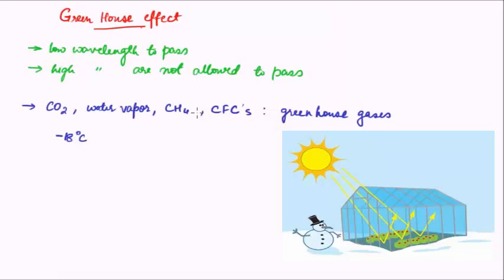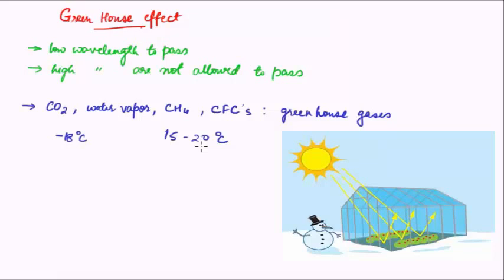But due to the presence of greenhouse gases, the average temperature of the Earth is not minus 18 degrees Celsius, but rises to a more tolerable, more pleasant temperature, something around 15 to 20 degrees Celsius on average. This almost 35 to 40 degrees Celsius rise in temperature is because of the greenhouse gases being present there.